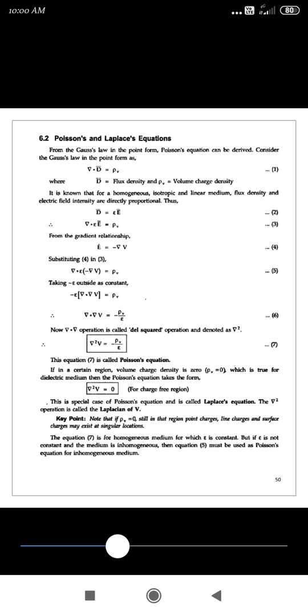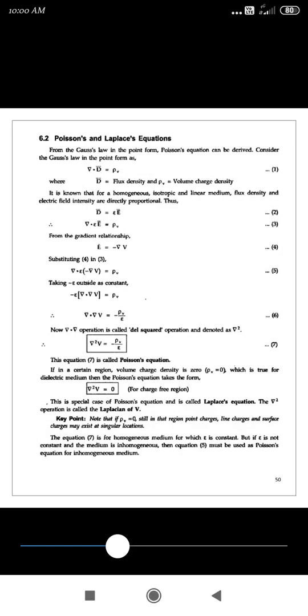This equation is called Poisson's equation. If in a certain region the volume charge density is zero, that is rho v is equal to zero, which is true for a dielectric medium, then Poisson's equation takes the form del squared V equal to zero for a charge-free region.